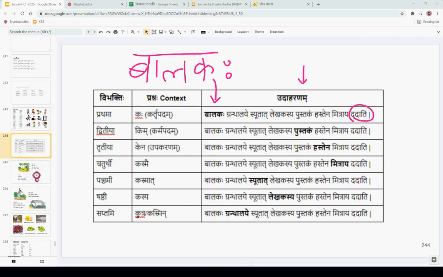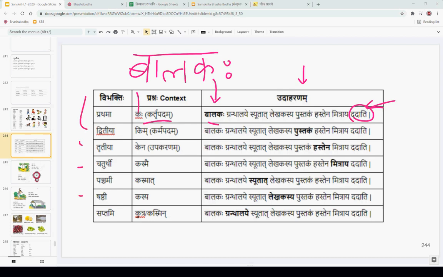When we use that, it usually means it is a subject word, a kartrupadam. Kartrupadam means the object indicated by that word is doing the action indicated by the kriyapadam. Here, Dadati, gives. So if you ask Kah Dadati, we get Balakah.